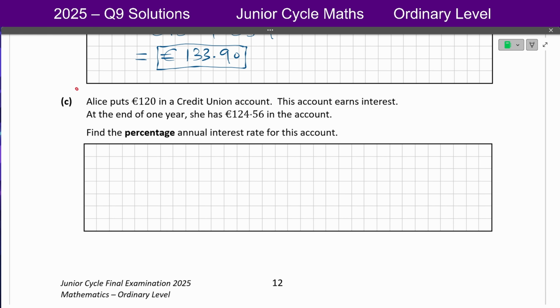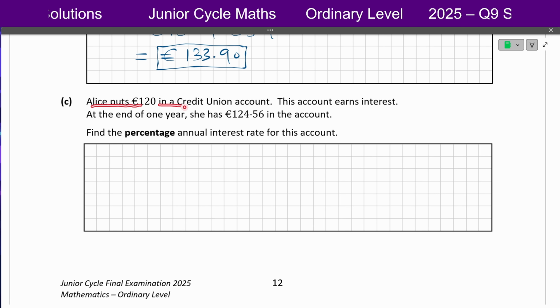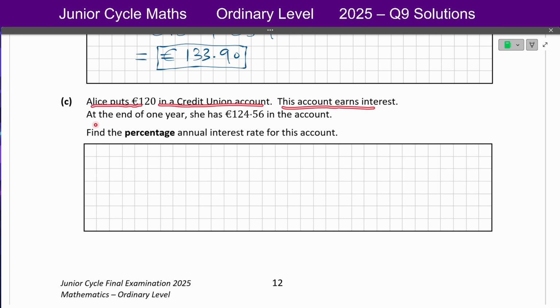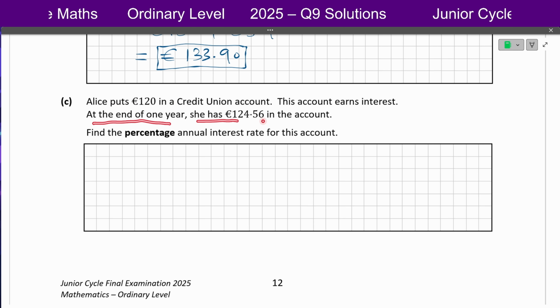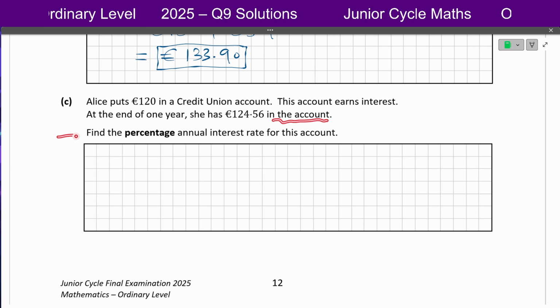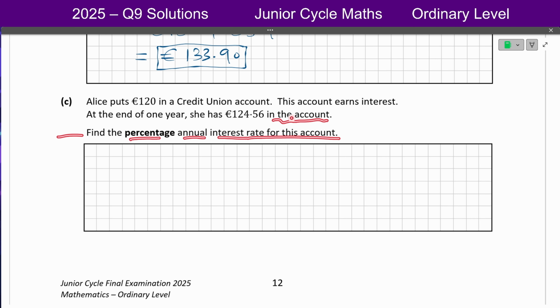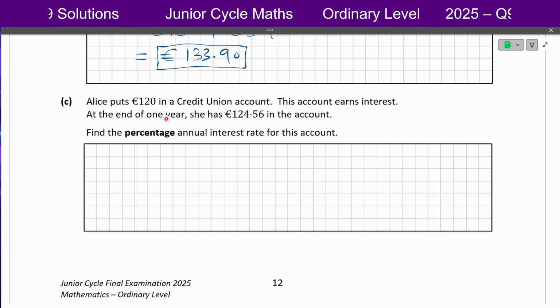In section C, it says Alice puts 120 euros in a credit union account, and this account earns interest. At the end of 1 year, she has 124 euros and 56 cents in the account. We need to find the percentage annual interest rate for this account. Again, the answer is quite simple.